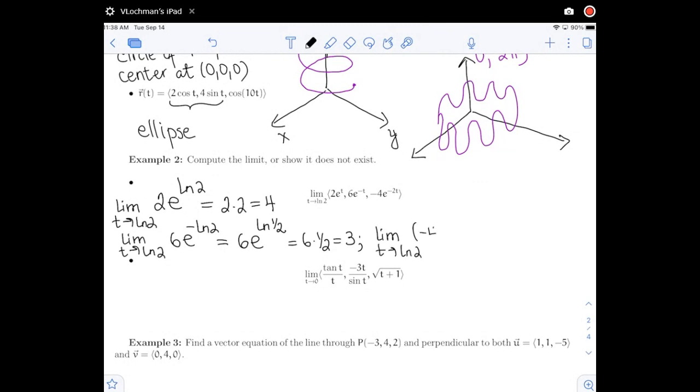And the last one is the limit as t goes to natural log of 2 of negative 4e to the power negative 2 natural log of 2. Same idea here. This is negative 4e to the power natural log of 2 to the negative 2. So what is this? This is negative 4 times 1/4, which gives us negative 1.